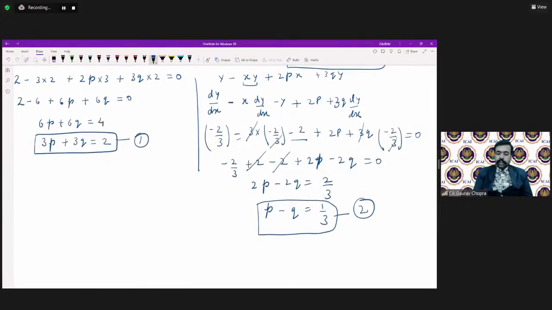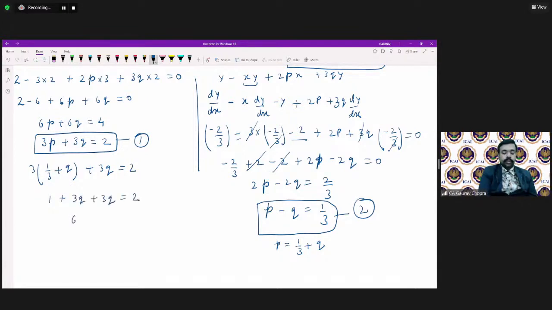So from this equation we can write p is equal to 1 by 3 plus q. So 3 multiplied by 1 by 3 plus q, plus 3q is equal to 2. So what are we getting here? 1 plus 3q plus 3q is equal to 2. 6q is 1.